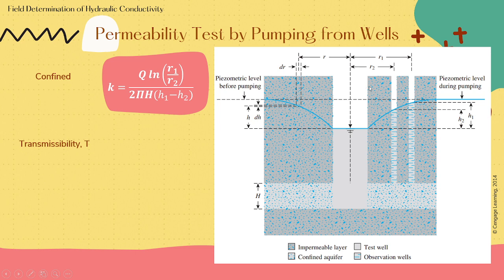The transmissibility T is also given by this formula. But this time, Z2 and Z1 are the drawdowns.